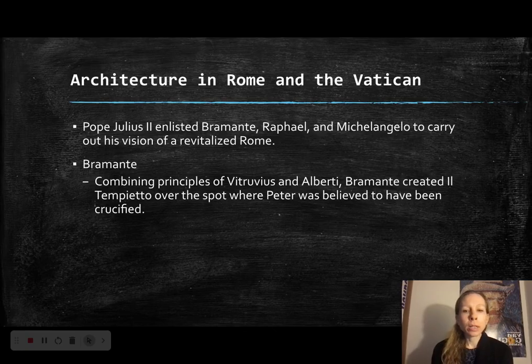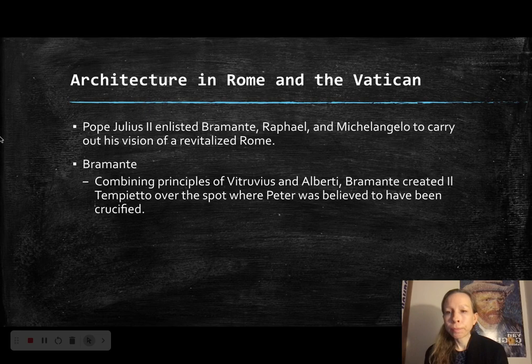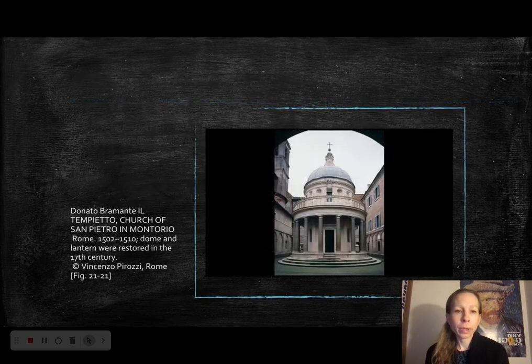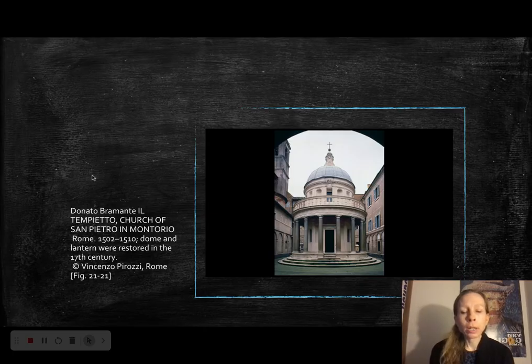Bramante created the Tempietto over the spot where Peter was believed to have been crucified. And here's Donato Bramante's Tempietto, Church of San Pietro in Montorio in Rome. The dome was restored in the 17th century.